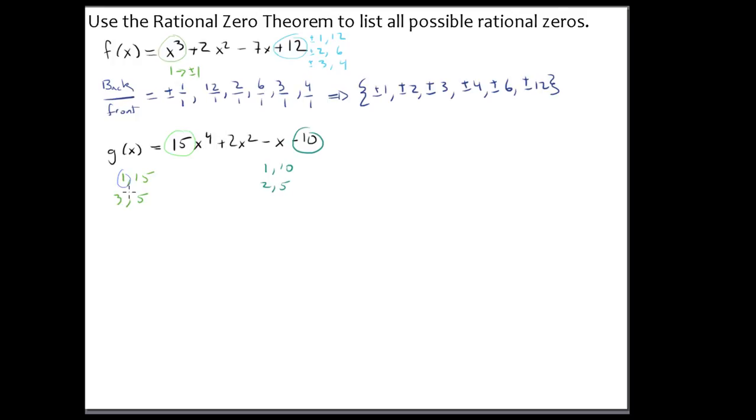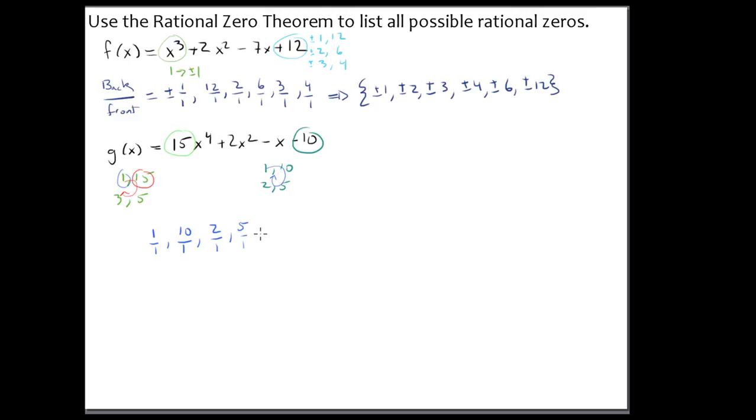I'm going to start with 1. So we have 1 divided by 1, 10 divided by 1, 2 divided by 1, and 5 divided by 1. And I'm just looping through all of them like this. And I have them listed out in pairs because it's easier for me to do it that way. Next, we'll just keep looping through like this.